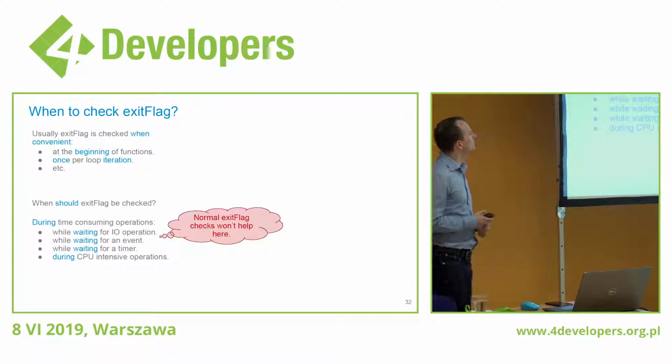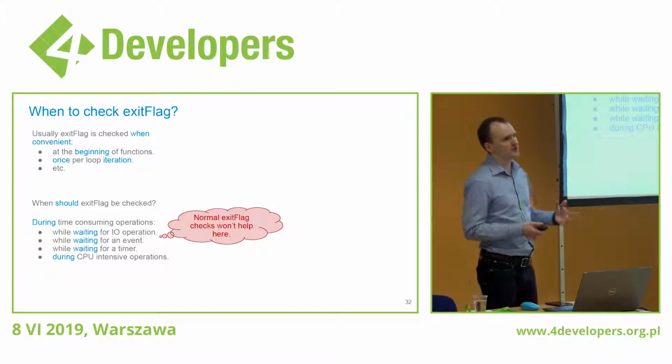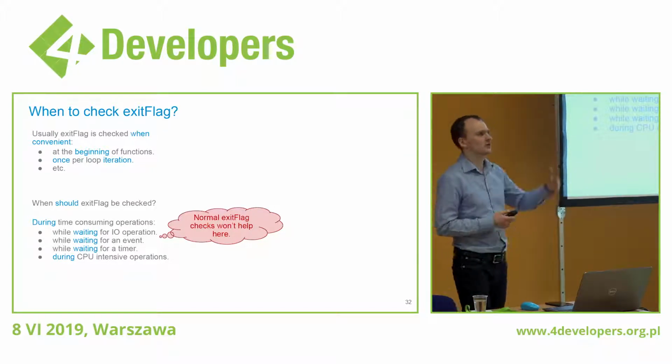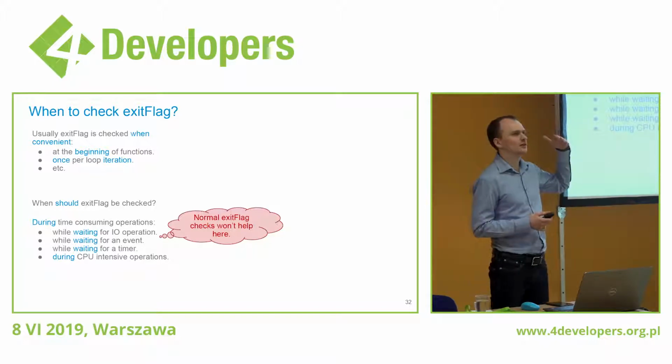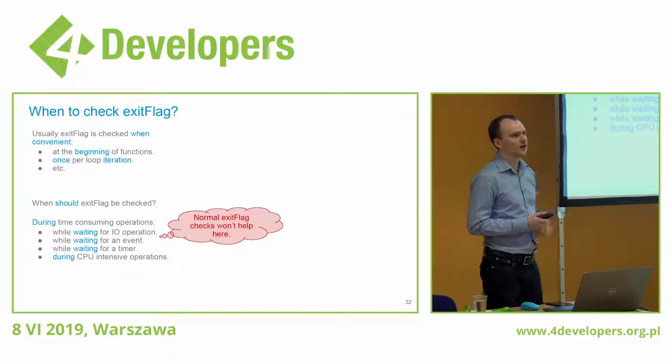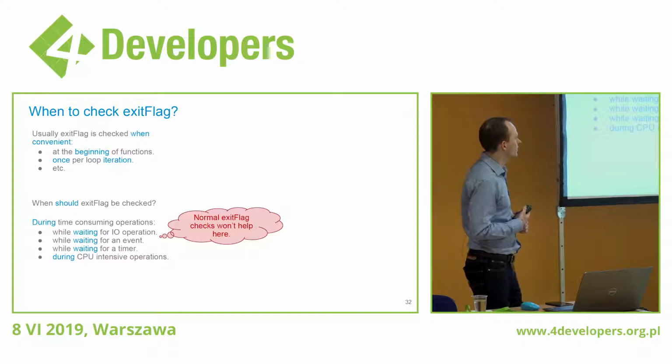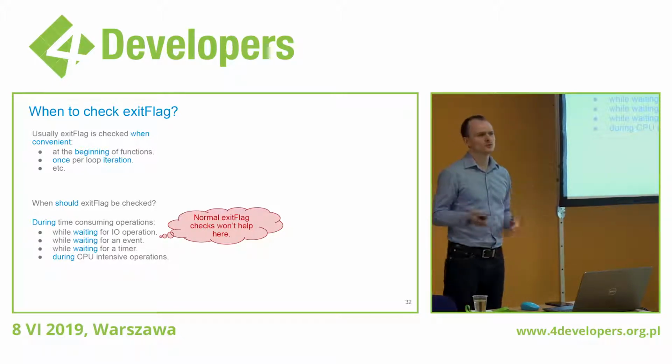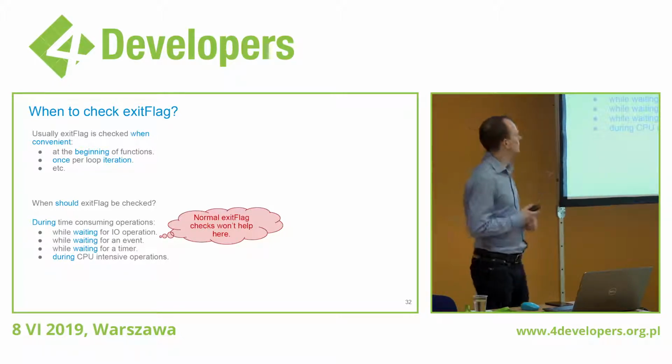So what can we do about it? Well, first of all, let's think about when should we check the exit flag. Usually, it's checked when it's convenient for the programmer. So, in every loop iteration, in every function somewhere at the beginning or something like that. But it's not where we really want to check for the exit condition.